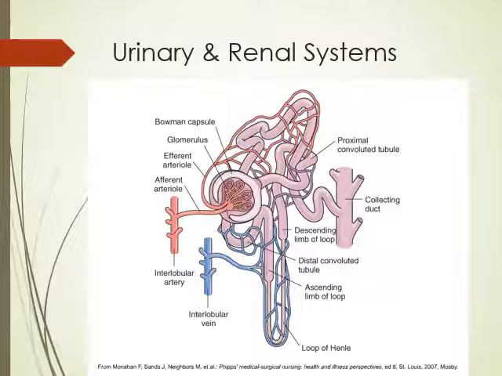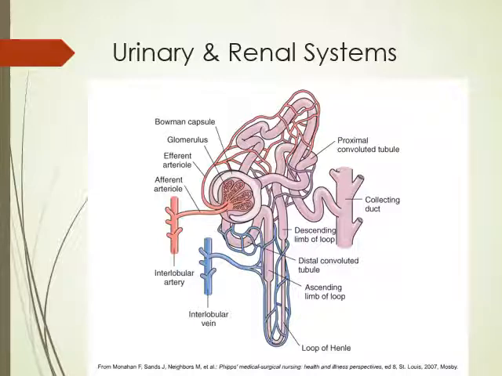The distal tubule, you can see that on here, secretes potassium, hydrogen, and ammonia. It reabsorbs water, and in order to reabsorb water, it's regulated by ADH, antidiuretic hormone, and it regulates calcium and phosphorus by the parathyroid.